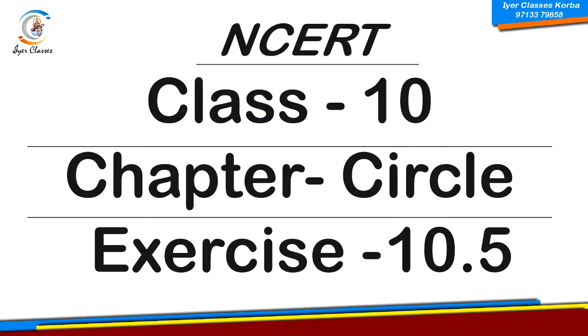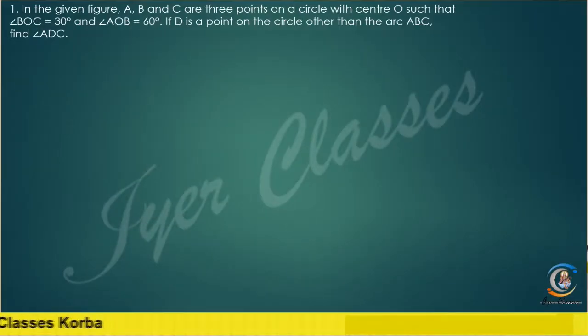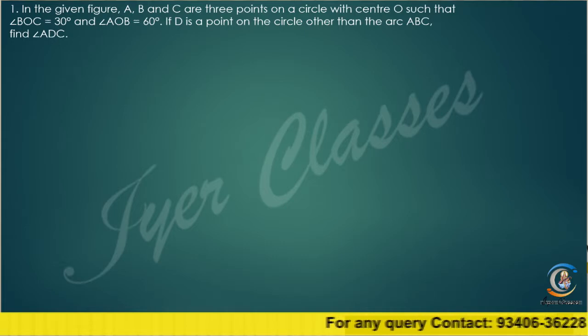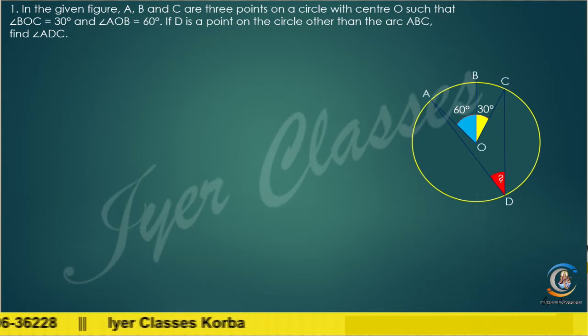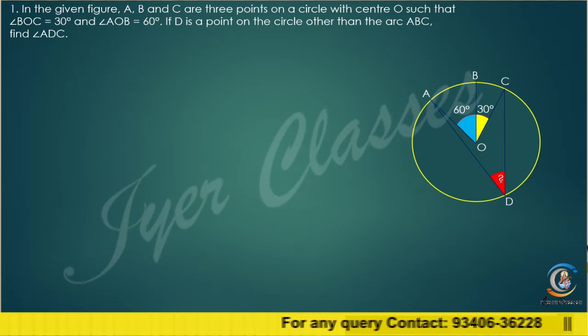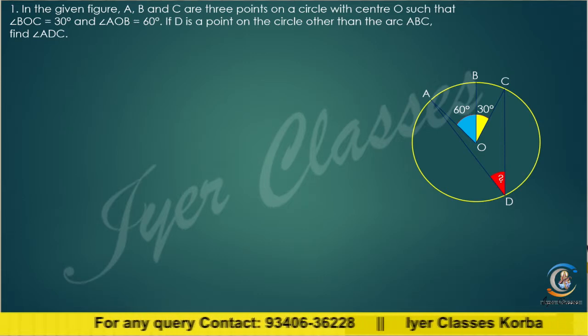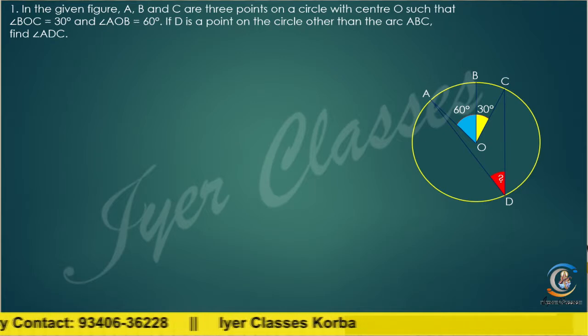Let us do the questions from NCERT, Class 10 Chapter Circles, and here we are going to talk about Exercise 10.5. Here comes the first question. According to the question, in the given figure, A, B and C are 3 points on a circle with center O such that angle BOC is equal to 30 degrees and angle AOB is equal to 60 degrees.